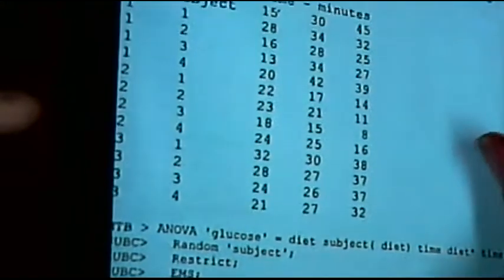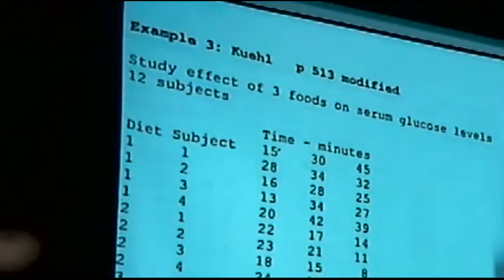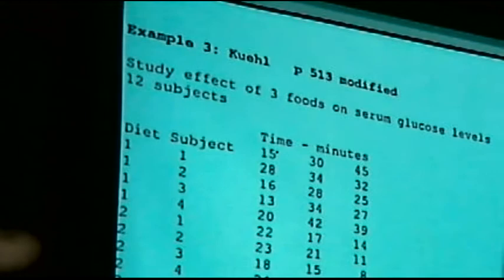So here's an example. Let's see if I can describe a little more detail about this example. Basically, we have 12 subjects, which are people, and we want to study the effects of 3 different kinds of food on their glucose levels.